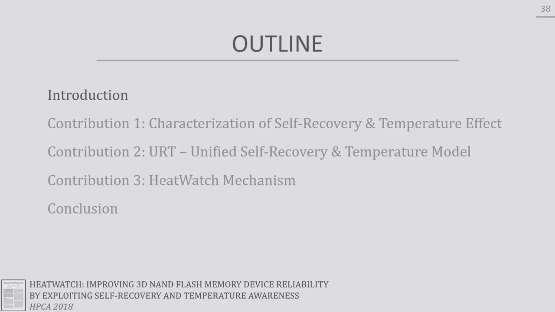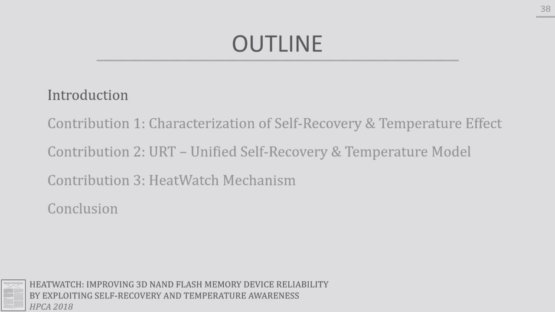As I mentioned in the previous section, early retention error is the most dominant type of error in 3D NAND. It's even worse than planar NAND. So in the next work we focus on mitigating these retention errors by taking advantage of self-recovery and temperature effects, and we'll introduce this later. So here's the outline for the second work.